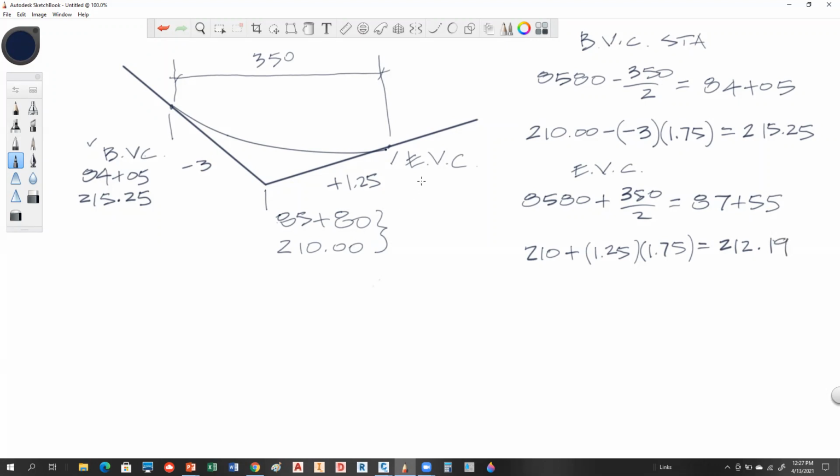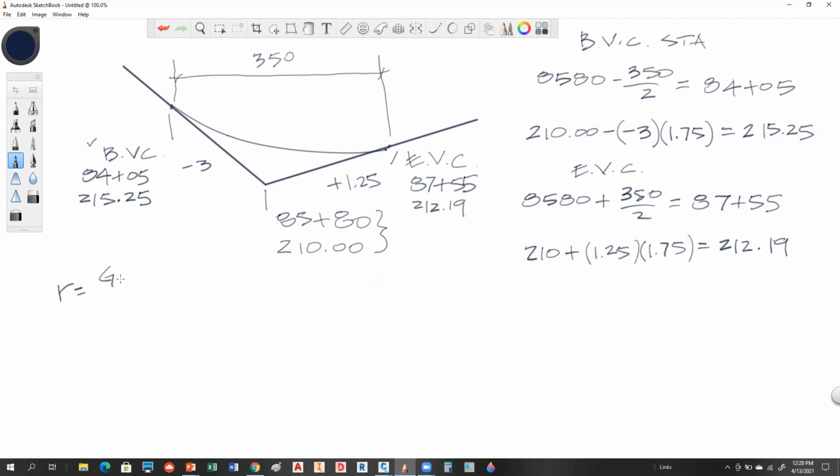Yes. All right, so EVC now we know is 87.55, and the elevation of that guy is 212.19 essentially. So we now need to calculate R, which is the rate of change of grade for this.